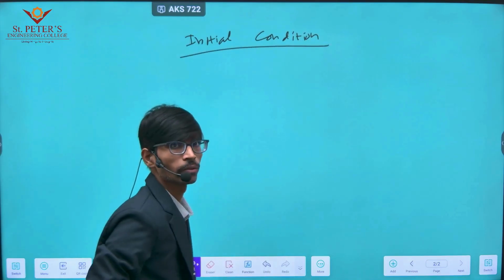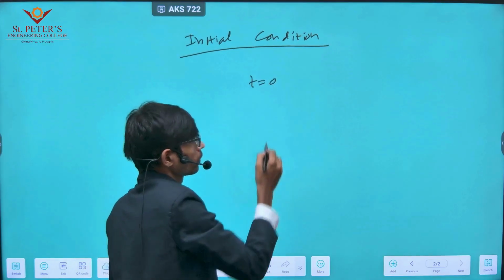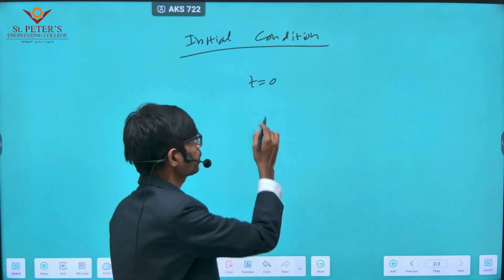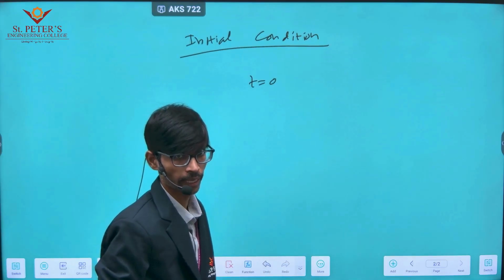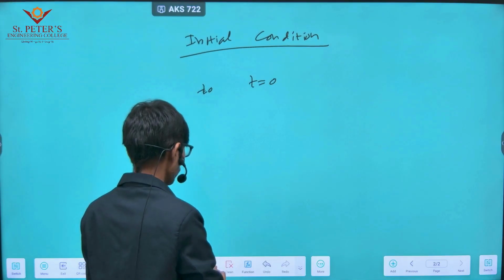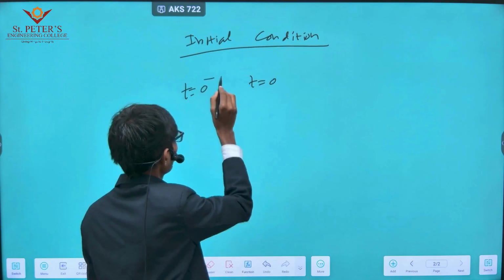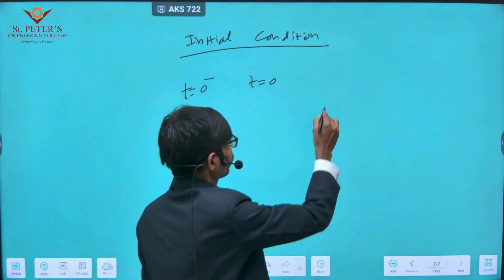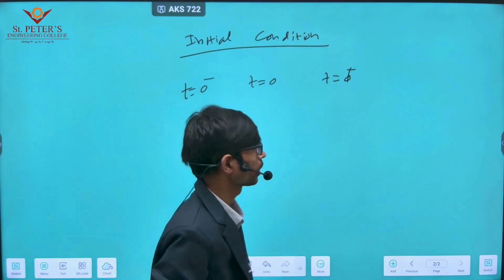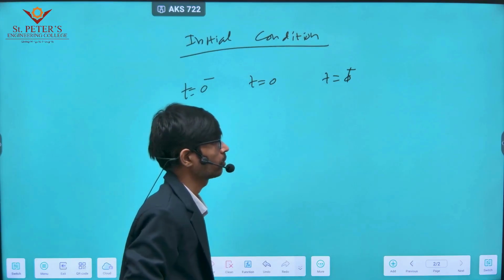Initial condition. Initial condition means, if we switch on the switch, that is at t equal to 0 we are considering. Initial condition means t equals 0 minus, and also t equals 0 plus.